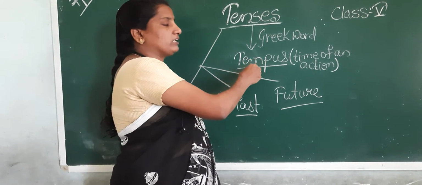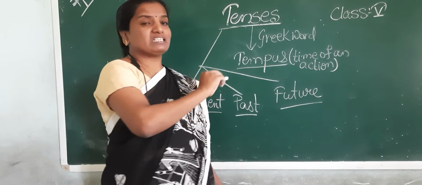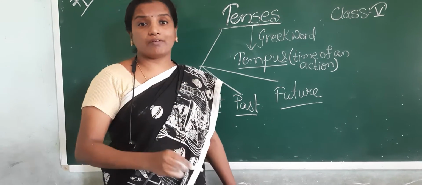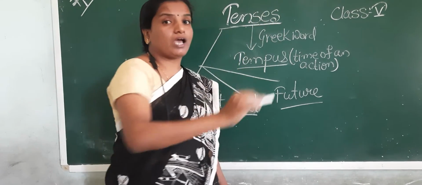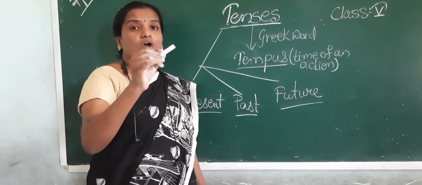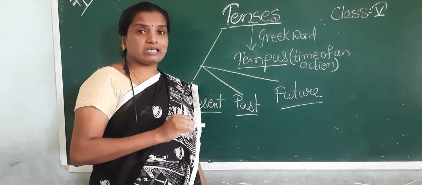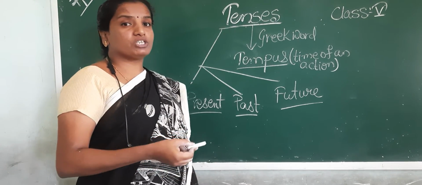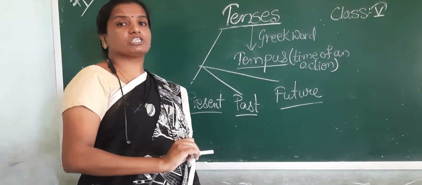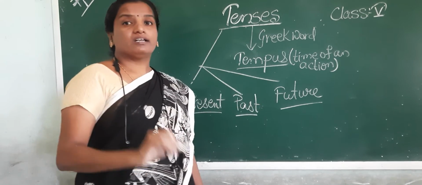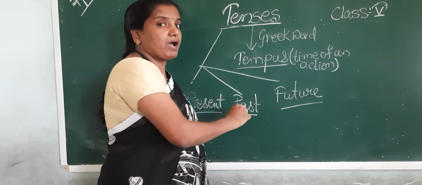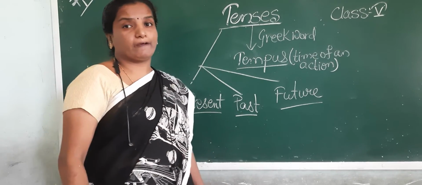Tense is derived from the word tempus, which in Greek means time. So we define tense as a form of a verb which tells us about the time of an action. According to the time of the action, we divide tense into three types: present, past and future.